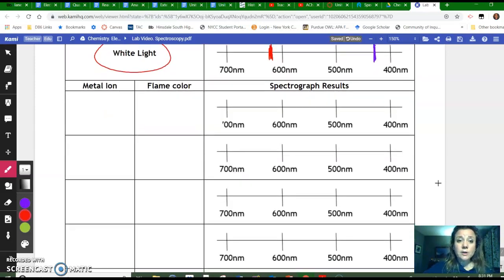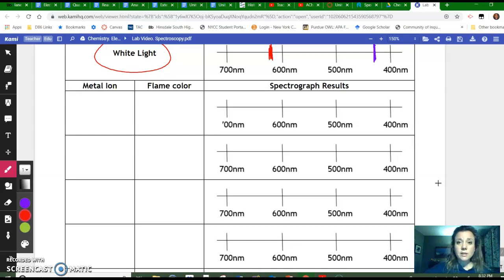Now, tomorrow, what we're going to do is I'll have 6 Bunsen burners set up, one on each lab station, and you and your partners are going to travel from one lab station to the next. And it's going to be very orderly. I'll turn the lights on and off and things like that. But basically, what you're going to do is take a wooden stick that's been soaking in water.